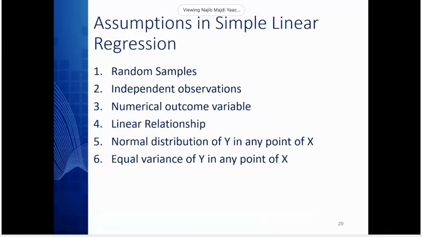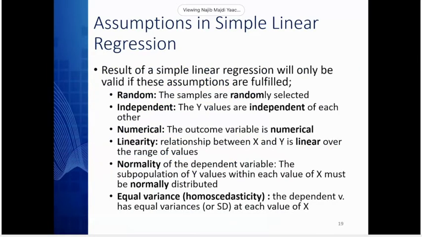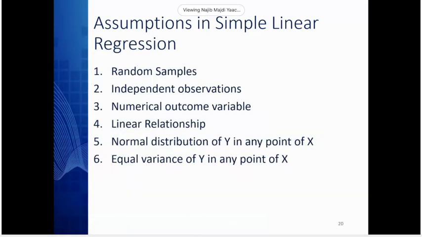Okay, it seems like you need to check many assumptions, but actually the first three assumptions must be settled during study design. For example, random sample: the decision to take your sample randomly or not must be decided during study design.